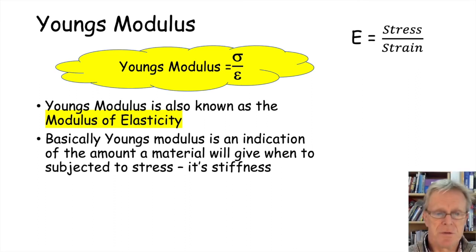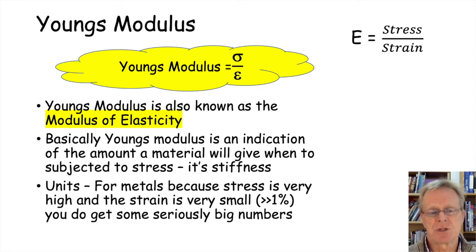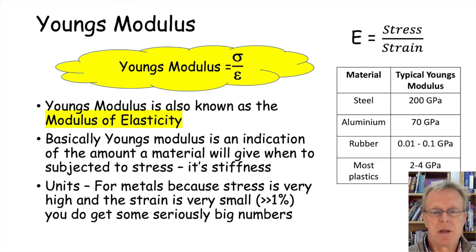Now the units for Young's modulus, normally they're very big numbers because the stresses, as we know, are very large and the strains are normally very small, so you do get some seriously big numbers. And these are some values here for typical materials you're going to come across in engineering. The Young's modulus for steel is around about 200 gigapascals.